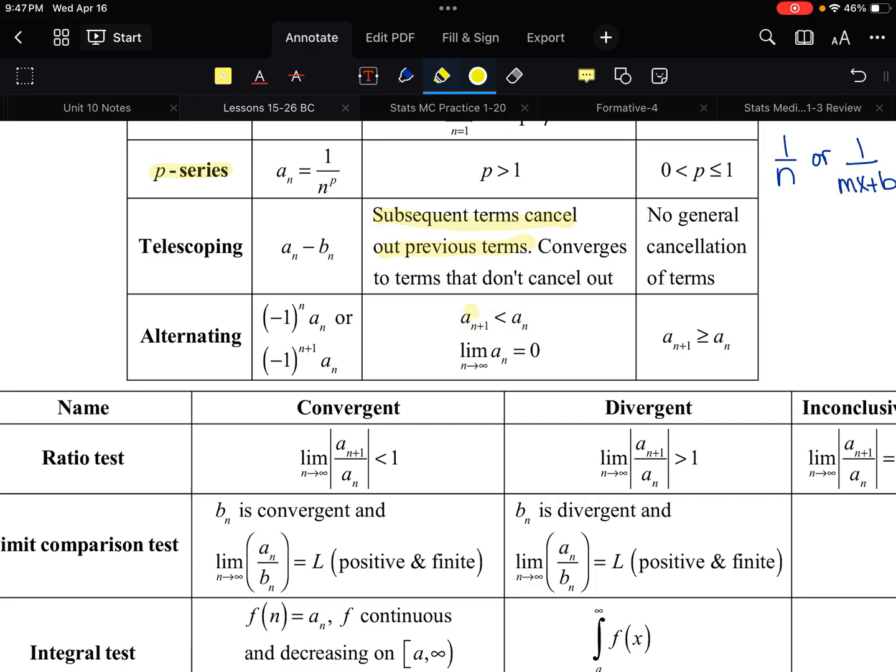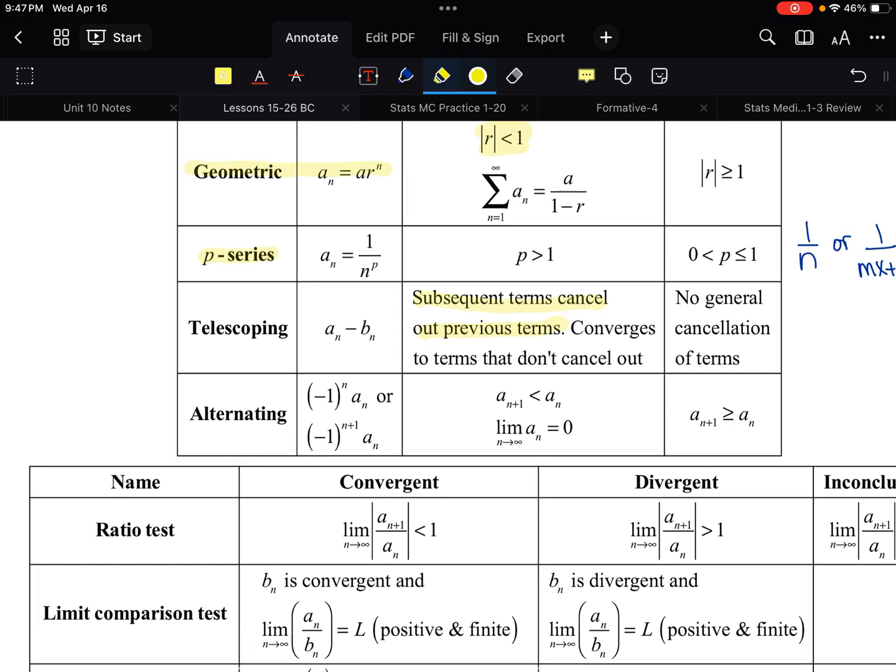If the term that came last is smaller than the term that came before it, so this would be like if term number 8 is smaller than term number 7, if term number 7 is smaller than 6, if term 6 is smaller than 5, well, then what's happening to the terms? They're getting smaller and smaller and smaller, which means it's going to converge.